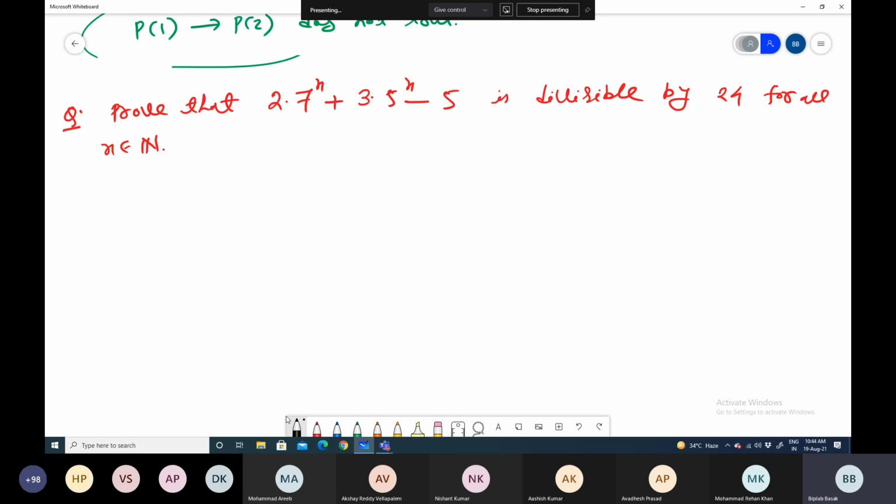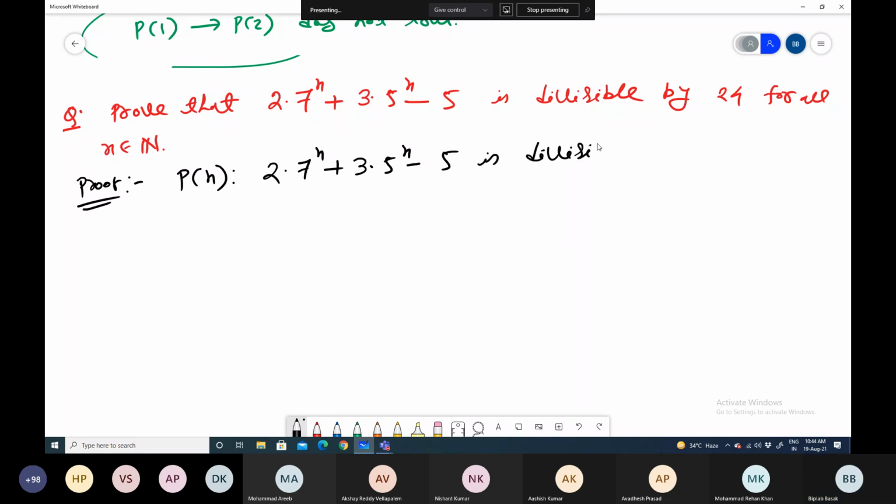So how to proceed? We first take the statement: let P(n) be the statement that 2 into 7 to the power n plus 3 into 5 to the power n minus 5 is divisible by 24.